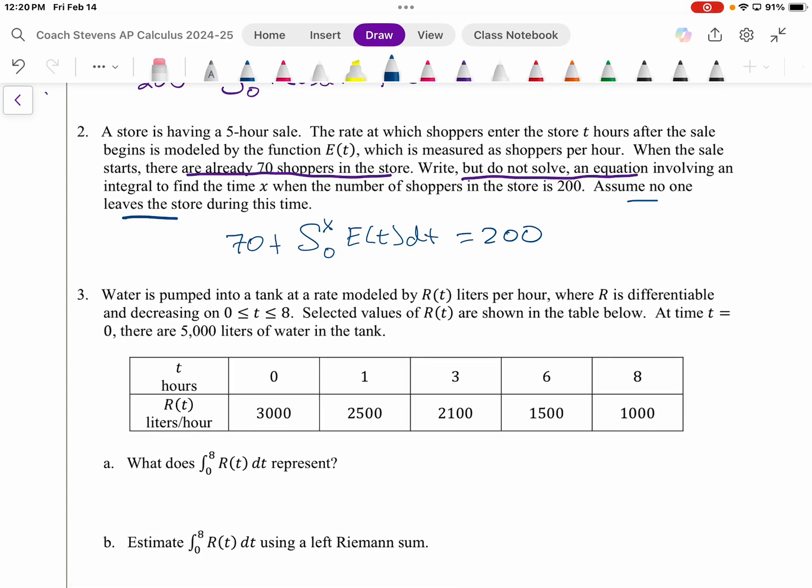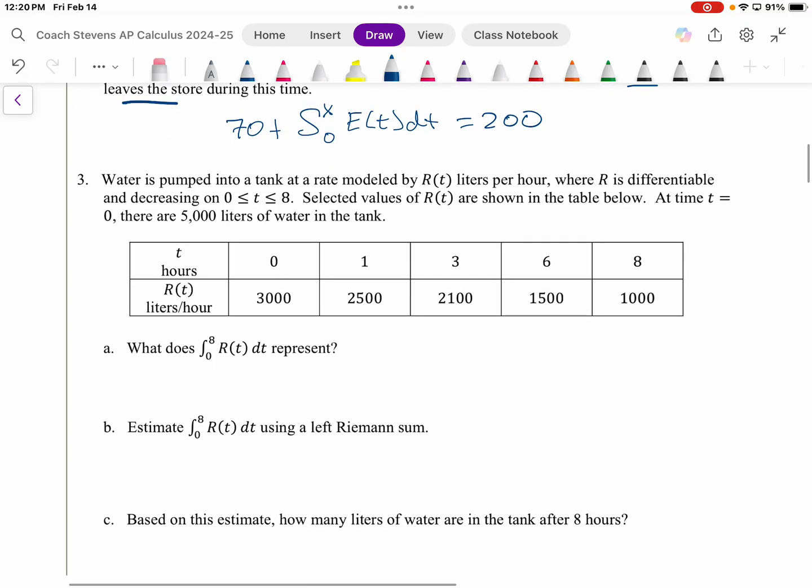All right. Number 3. Look at part B. Left Riemann sum. Oh, it's coming back and getting us. All right, so water is pumped into a tank at a rate modeled by R of t. I will try not to make a mistake here as I remind you about these.